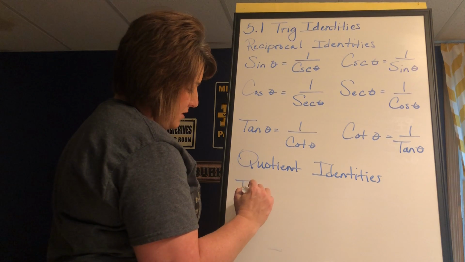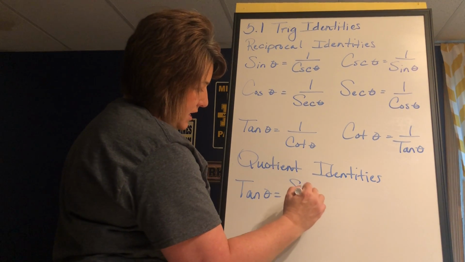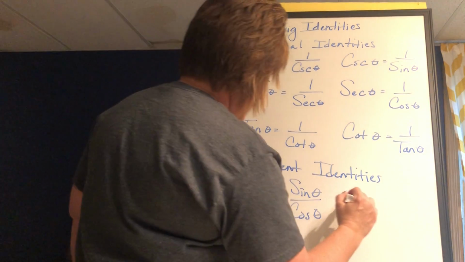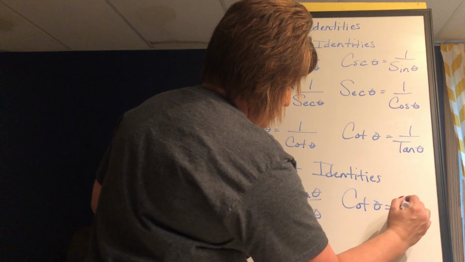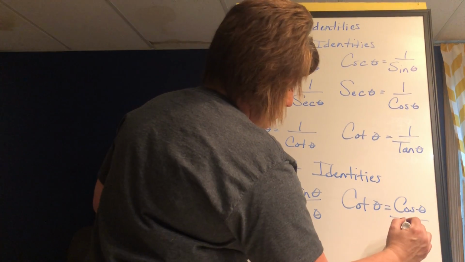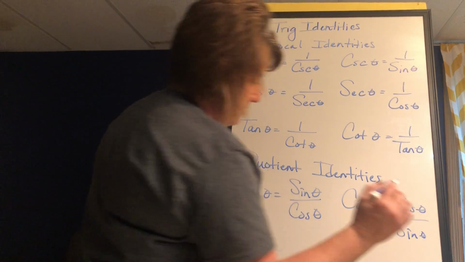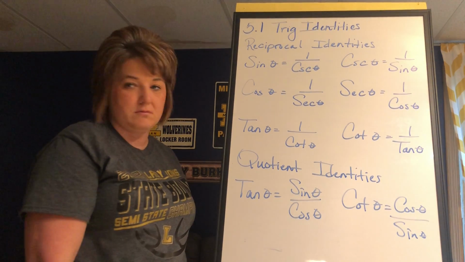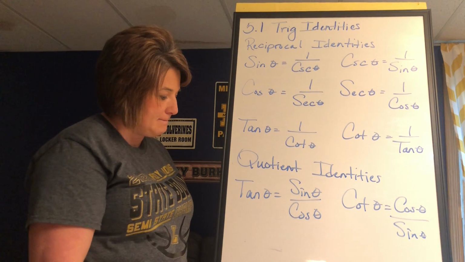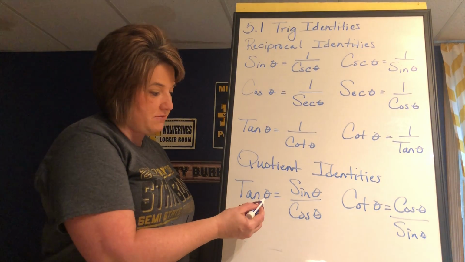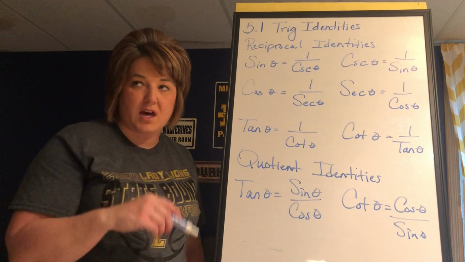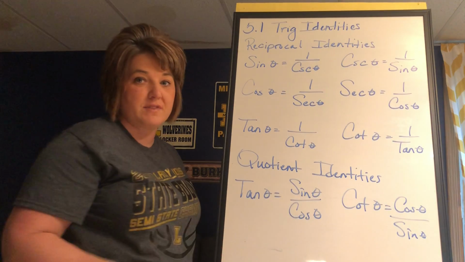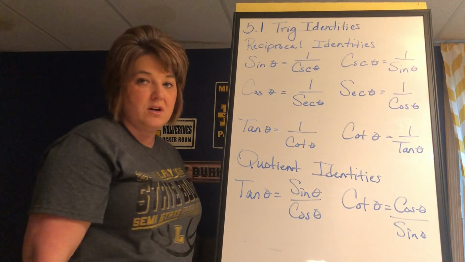So tangent theta is equal to sine of theta over cosine theta, and cotangent theta is equal to cosine of theta over sine of theta, which I think you already knew from working on problems before. So this means that anytime we have tangent of theta, tangent of anything, tangent x, tangent beta, whatever, you can replace it with sine of theta over cosine of theta as long as all of these match.